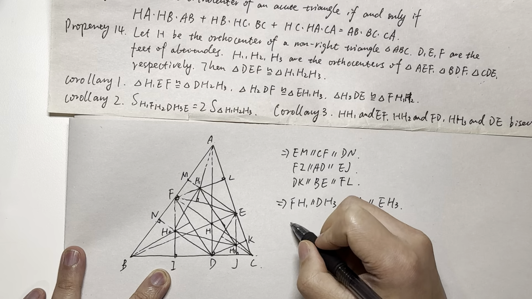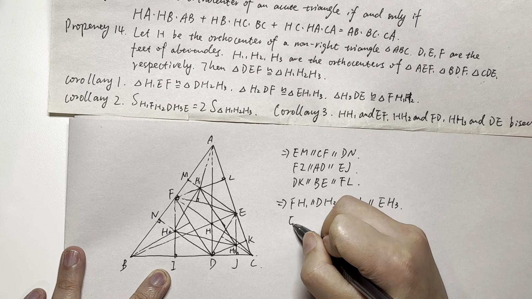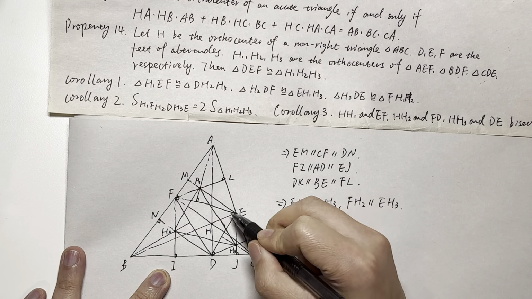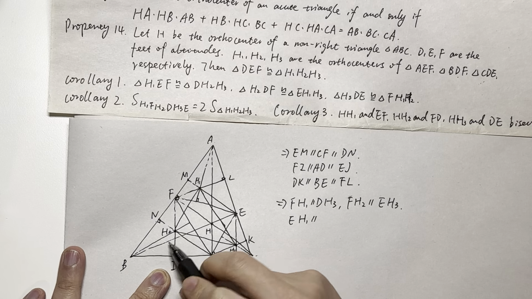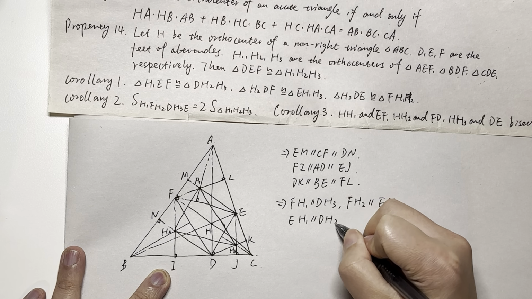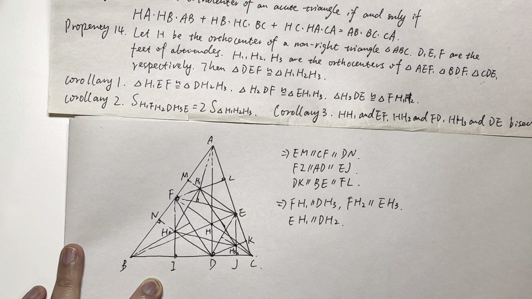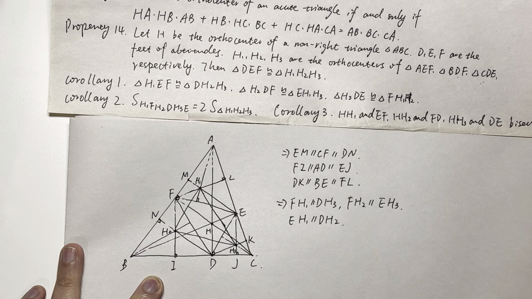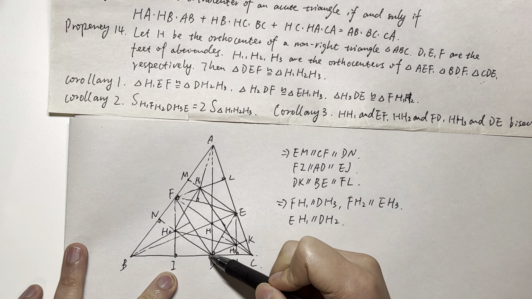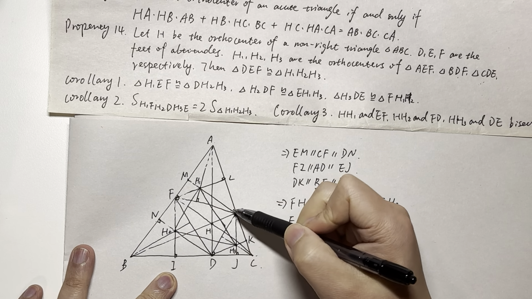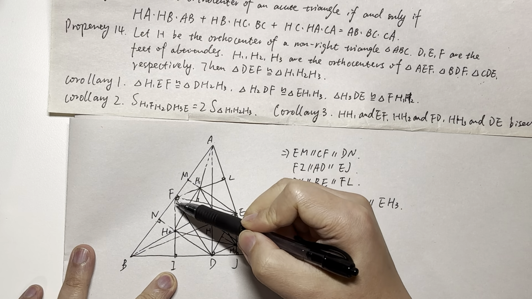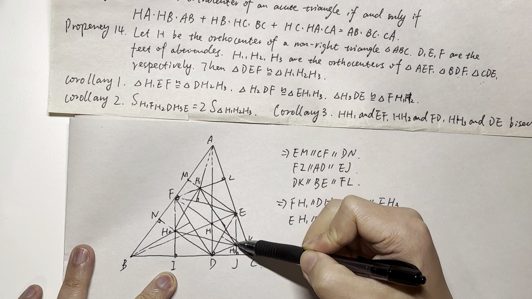And we have EH1 is in parallel with DH2. Right, so this line is in parallel with this line. This line is in parallel with this line.